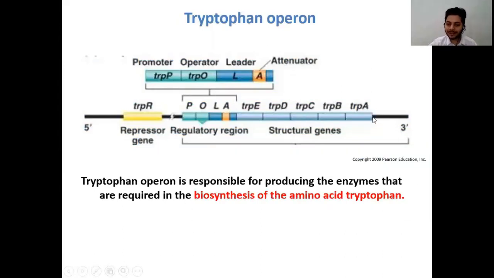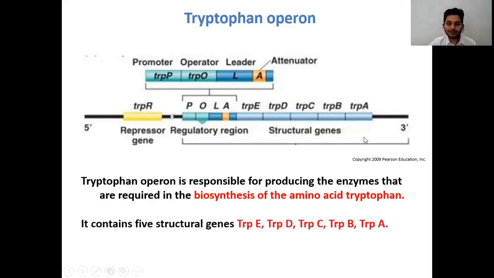Here you have five structural genes, and when these structural genes are expressed, they produce enzymes, but this time these enzymes are required in the biosynthesis of the amino acid tryptophan. So within the tryptophan operon, the tryptophan genes will be encoded, and these genes help in the synthesis of tryptophan itself. So the tryptophan operon will be switched on, the genes will be expressed, and they will help in the further synthesis of tryptophan itself.